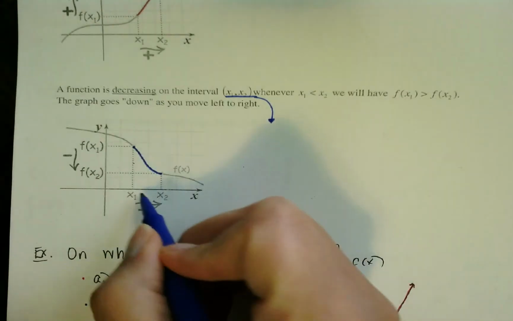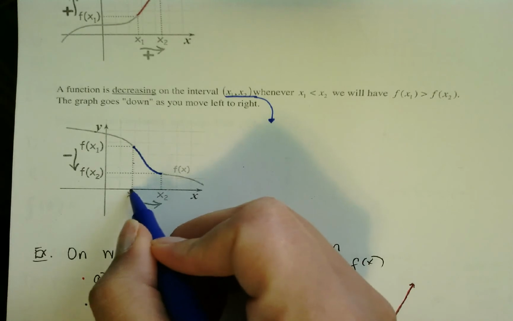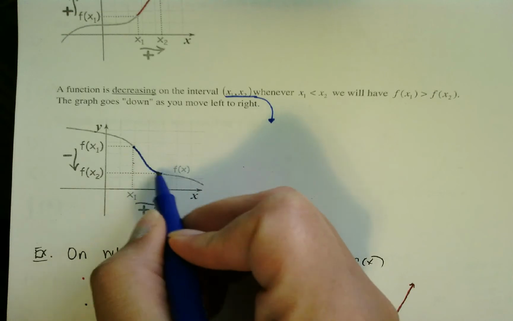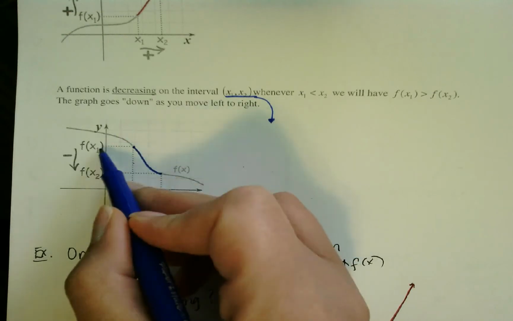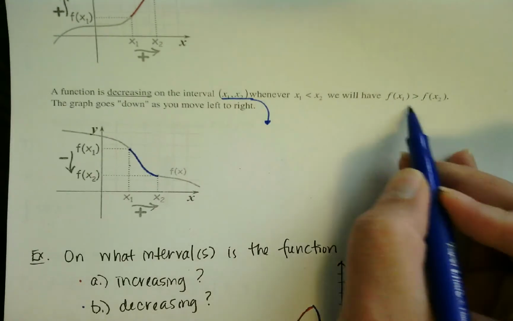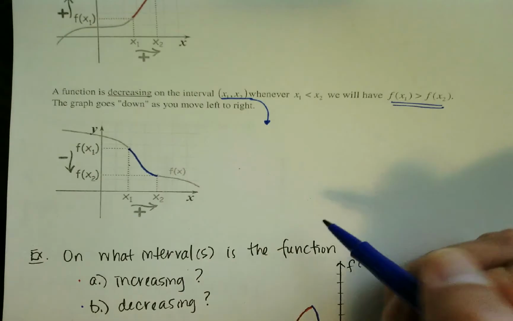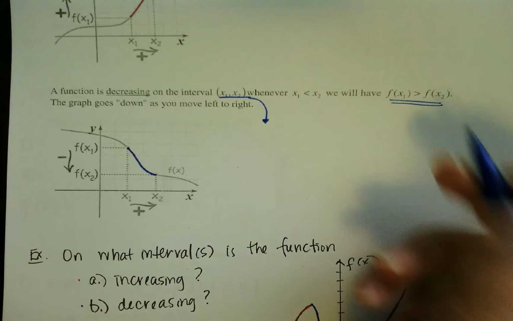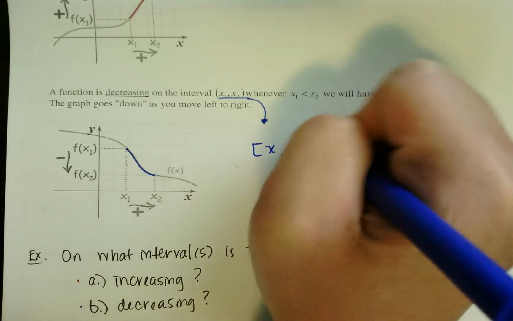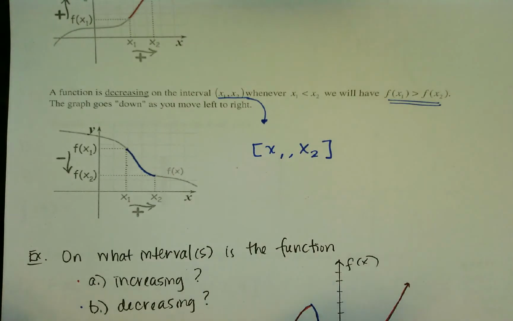Still the same thing on this interval from the first to the second x. This time, as you move from left to right, your graph is decreasing, it's going down. So your first output is larger than your second output. That's what this is saying right here. So your graph is decreasing. Again, you can also write it as [x1, x2]. Either notation should be good.